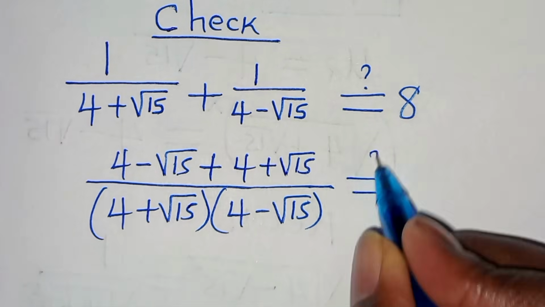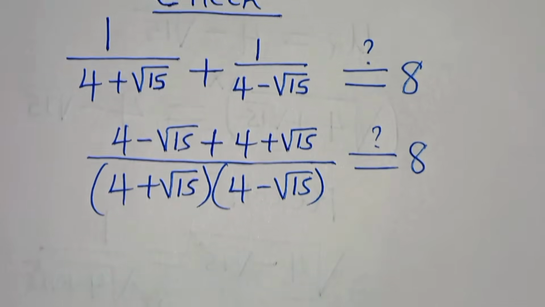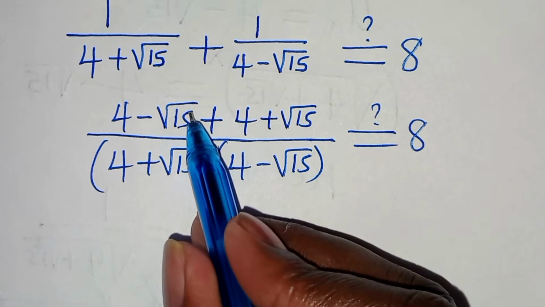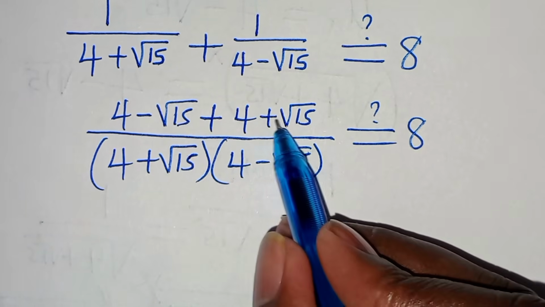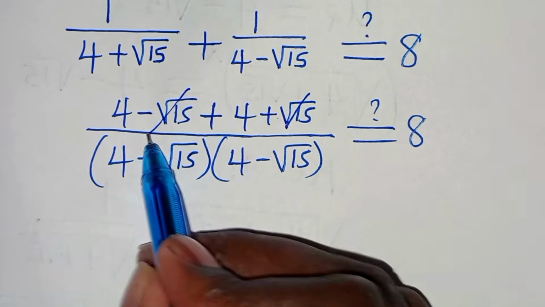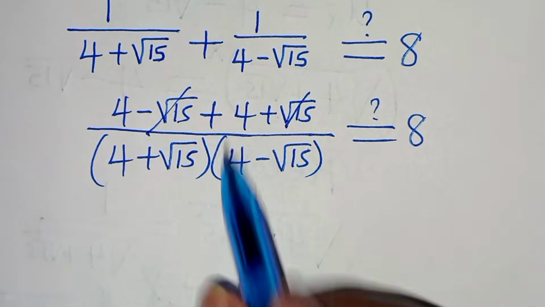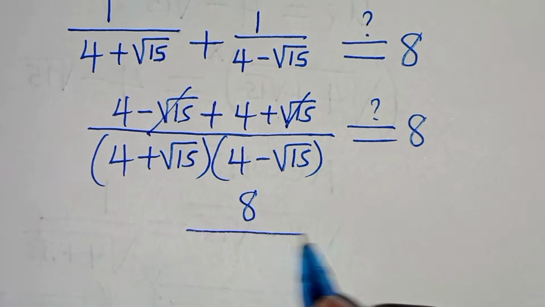This should give us a value of 8. So minus square root of 15 plus square root of 15 simplifies. So we have 4 plus 4, this is 8, divided by.